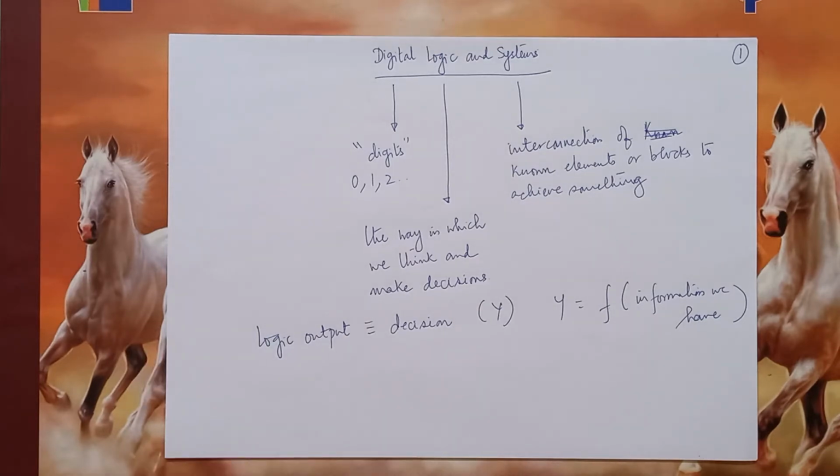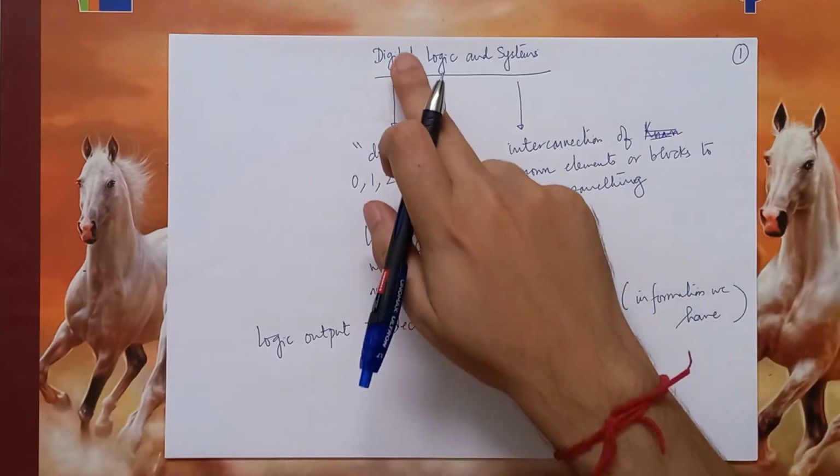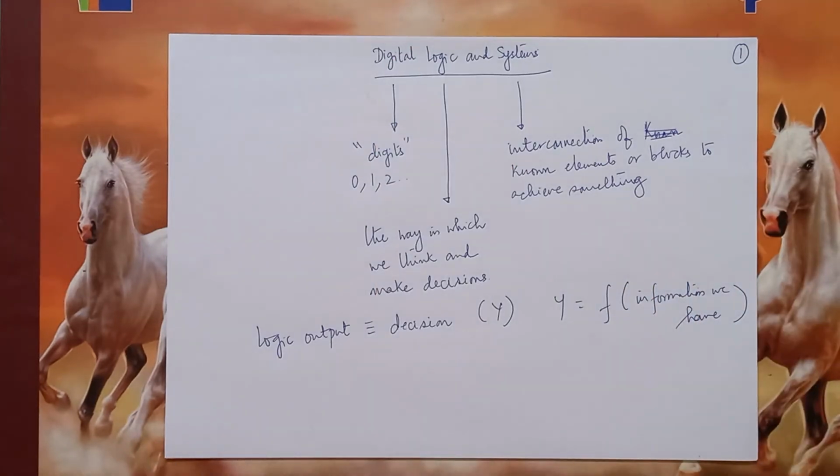So here is where the word digital essentially comes in. Can we represent our decisions and this information that we have by means of digits? Well, we certainly can.